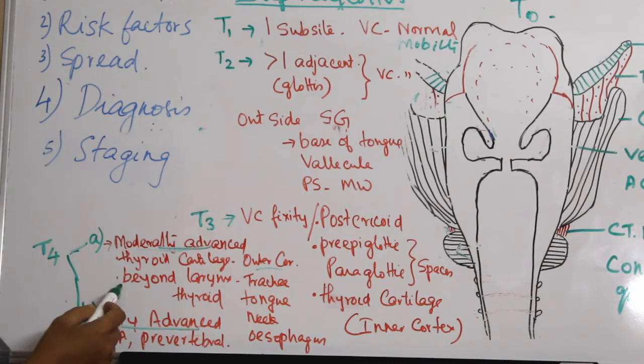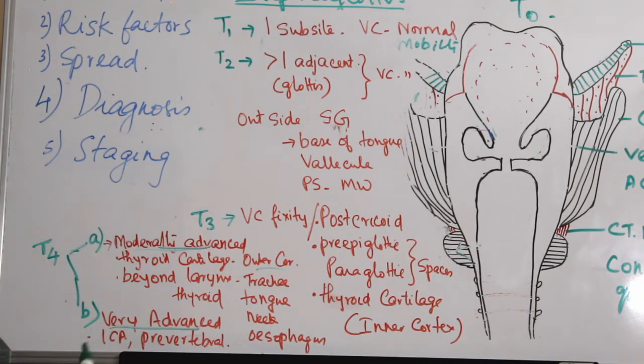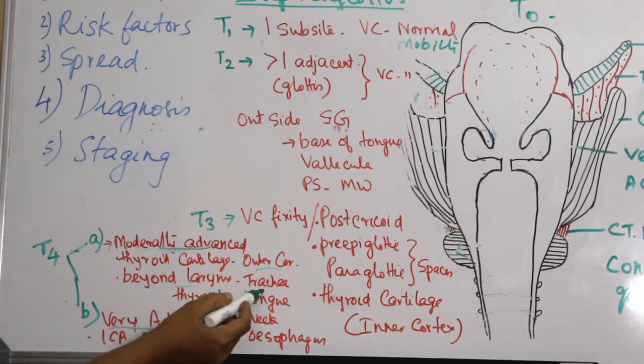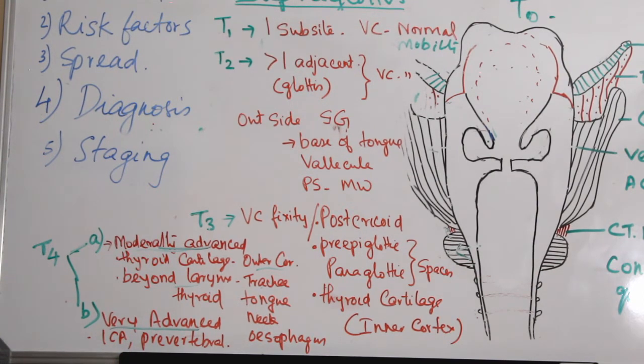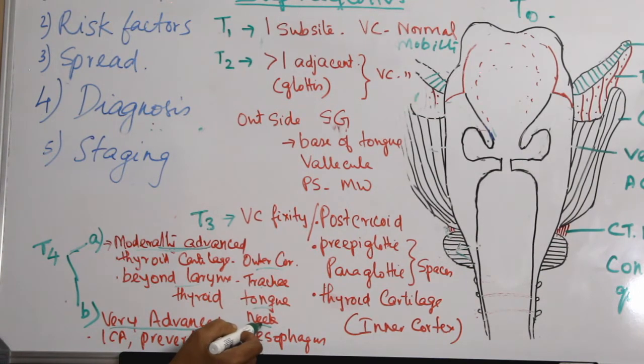and or invading tissues beyond larynx. What are the structures? Example, can be a trachea, or it can be soft tissues of the neck including the deep extrinsic muscles of the tongue, or it can be strap muscles of the neck or the thyroid gland or esophagus. Okay.